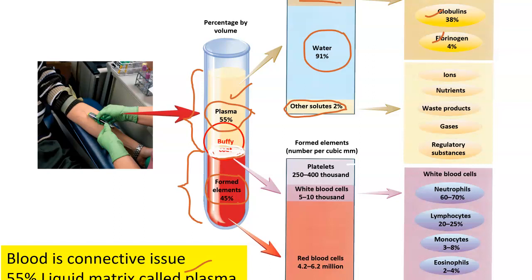Most of the formed elements that make up blood are going to be red blood cells, also called erythrocytes. So you should know that blood can be fractionated. Most of blood will be made of a liquid called plasma, 55%. 45% will make up what are called formed elements, which are made of mostly red blood cells.